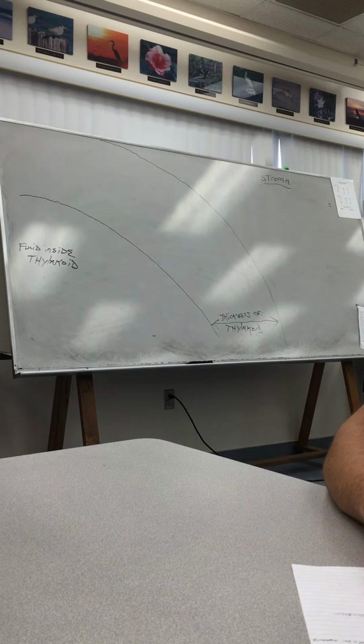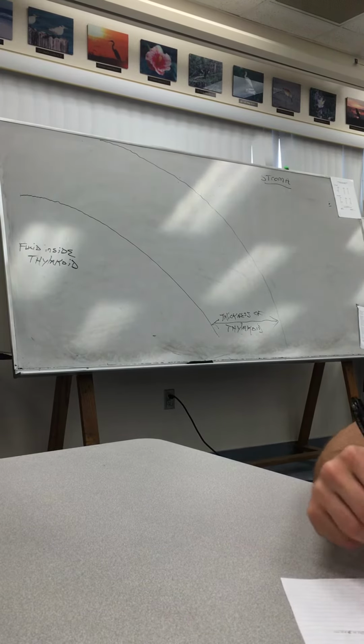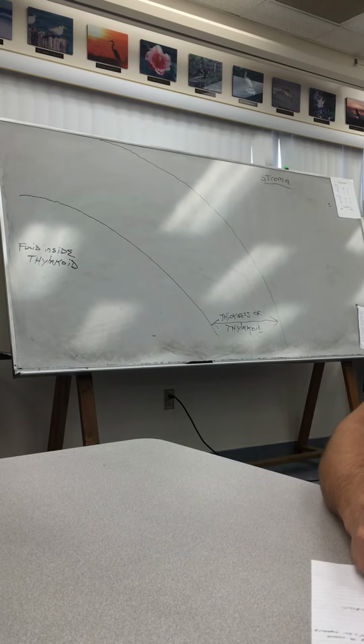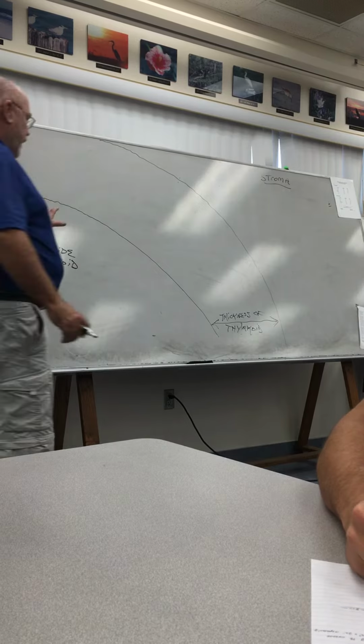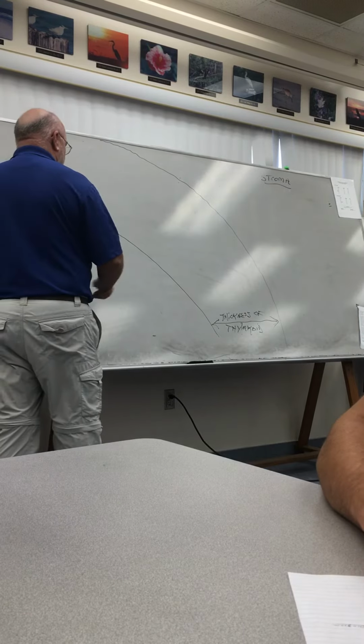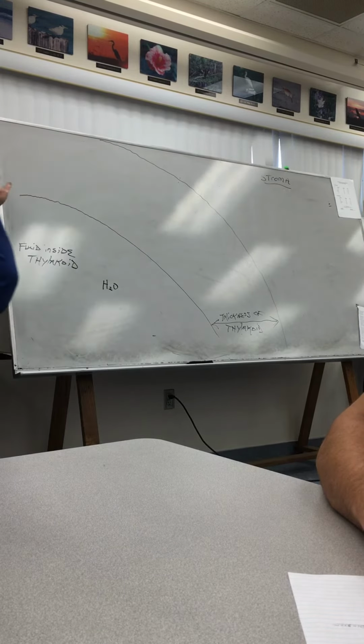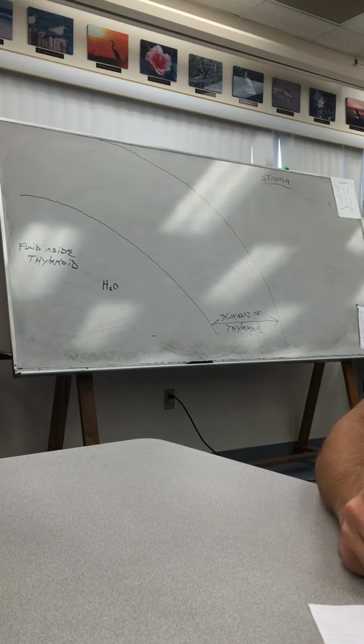Okay, so one of the things that happens within the fluid inside the thylakoid is this is like any other fluid in a cell or part of a cell. This is primarily water. It's not pure water, but it's mostly water, just like cytoplasm and stroma is mostly water.